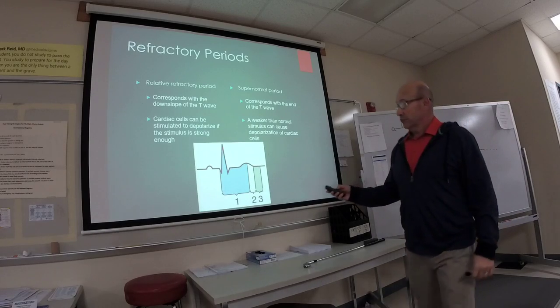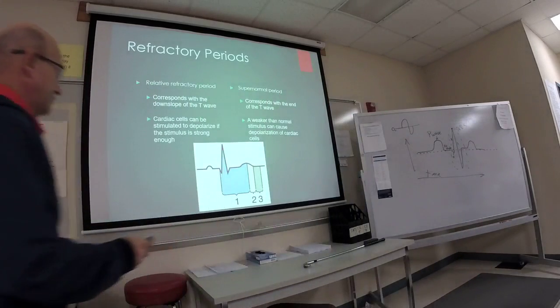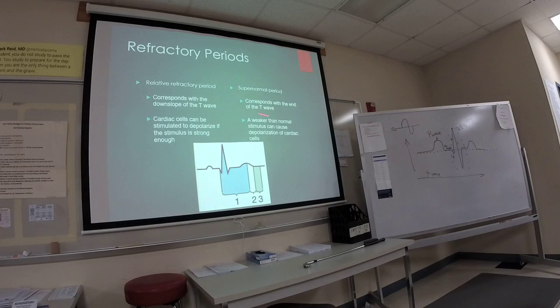So the relative refractory period breaks down into two. This supernormal period is the weaker of the two, where a weaker normal stimulus can cause depolarization.